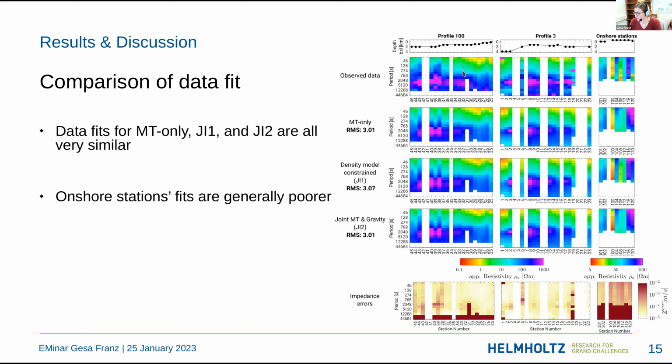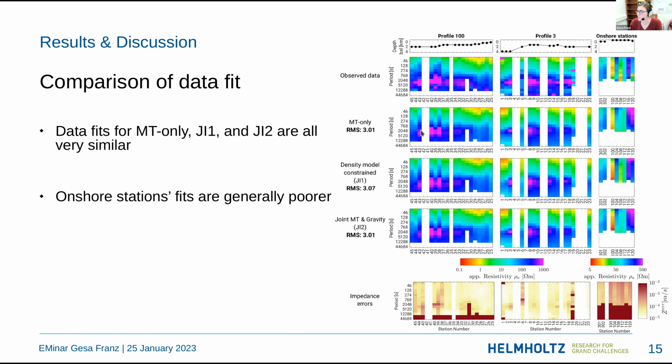The first thing that is lucky, or good, is that all the inversion approaches have similar MT data fits, and all of them are able to recover the large scale anomalies.